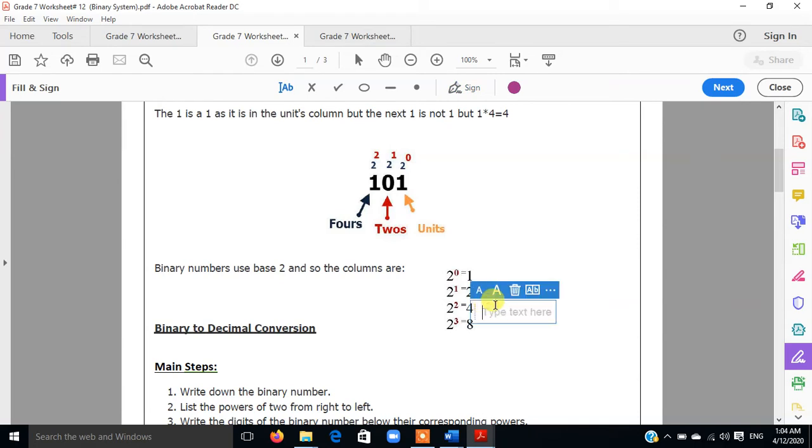I'm going to write it here for you. 2 power 3 means 2 multiplied by itself 3 times.